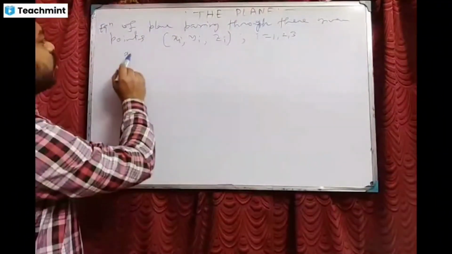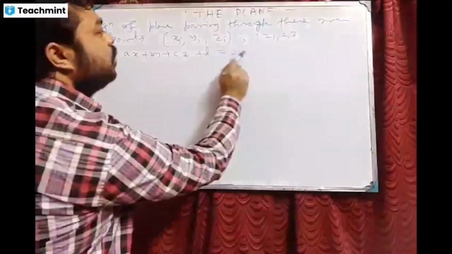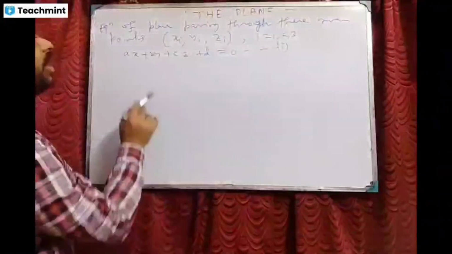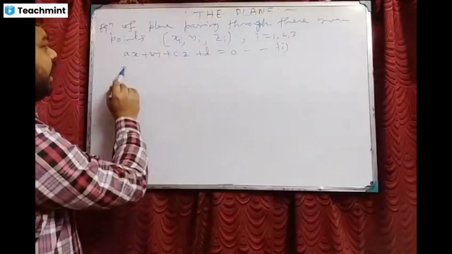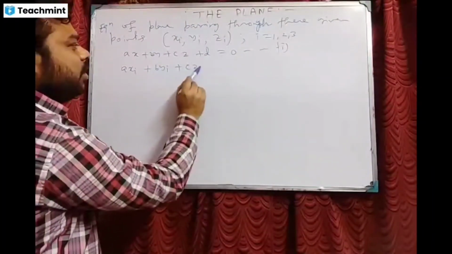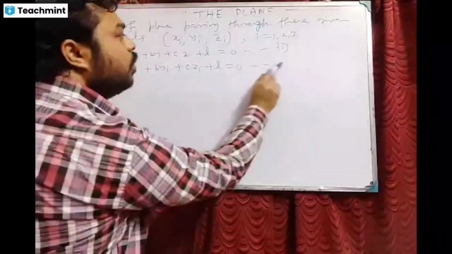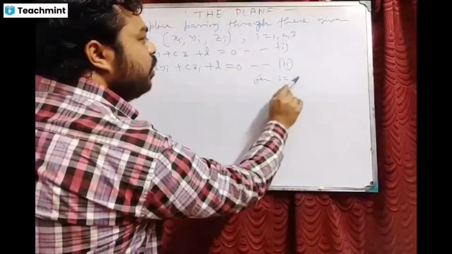Suppose the equation of the plane is ax plus by plus cz plus d equals 0. Then the plane passing through these three points satisfies a xi plus b yi plus c zi plus d equals 0 for i equals 1, 2, 3.